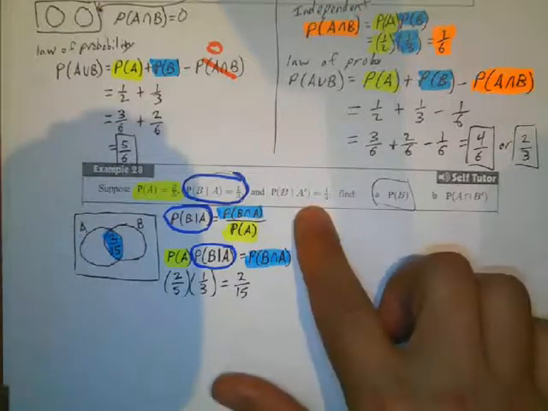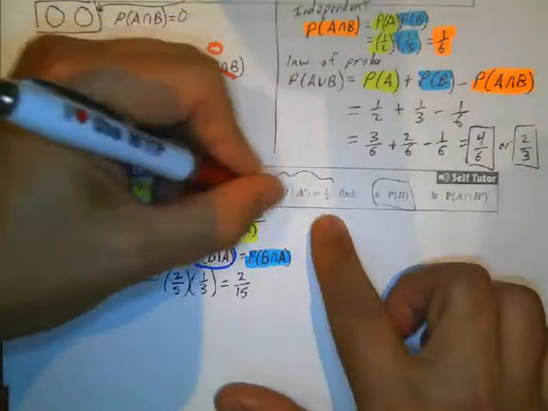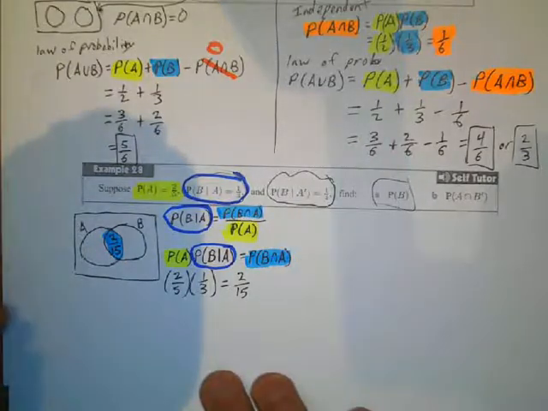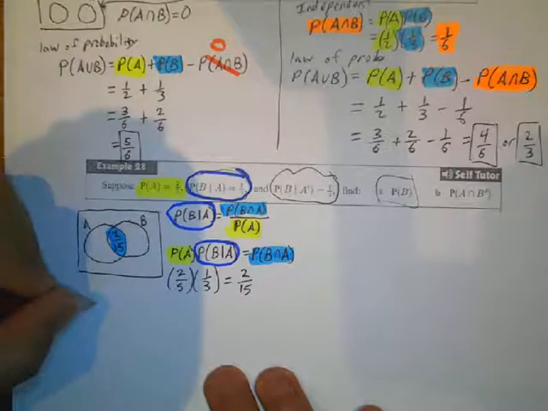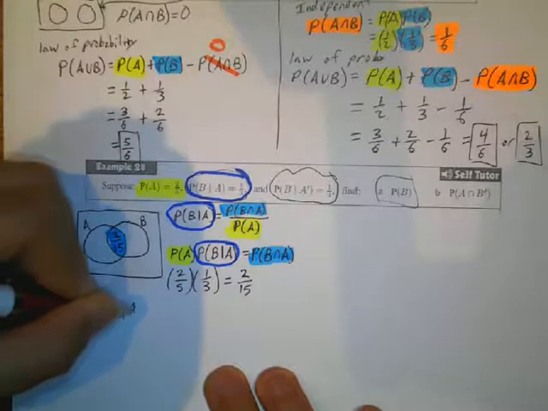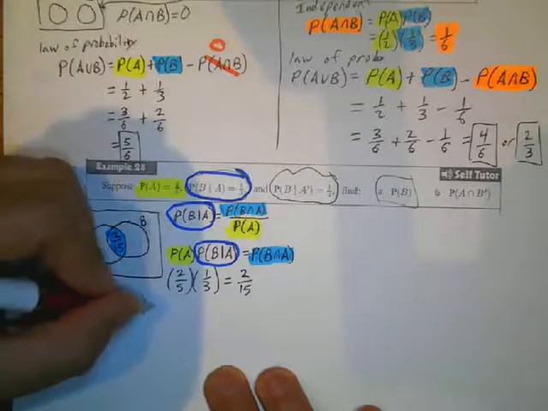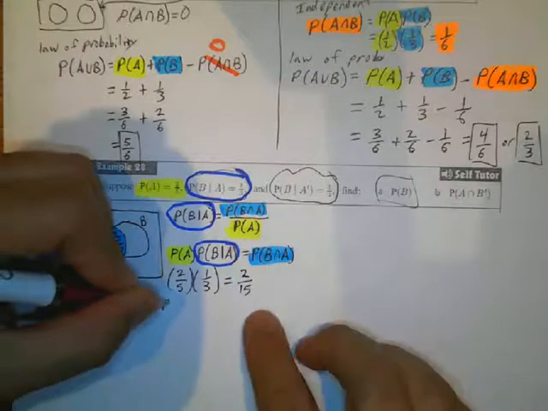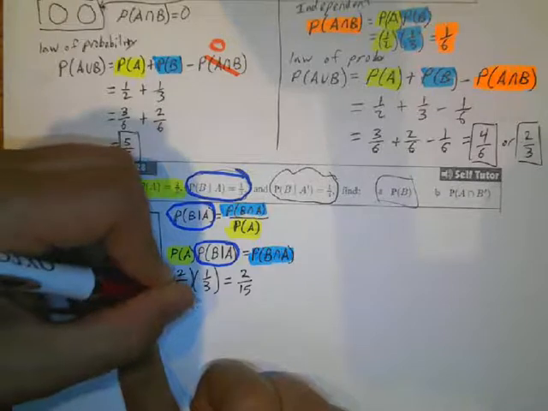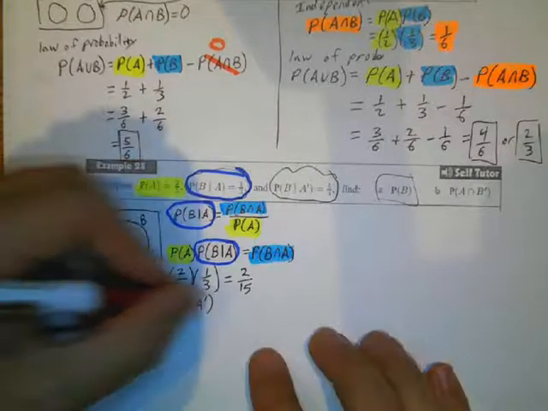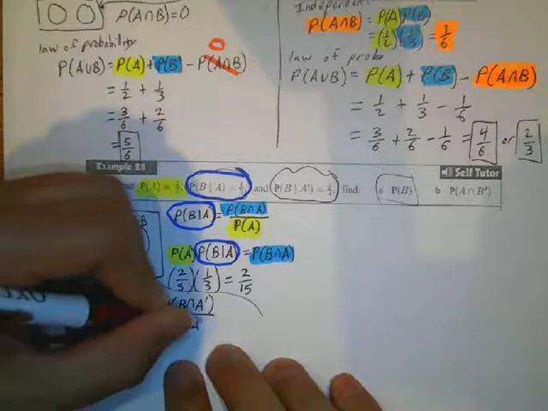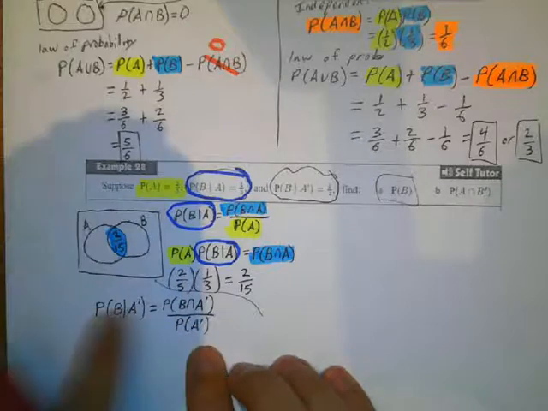And we've got this given to us, the probability of B given not A. So the probability of B given not in A is going to be equal to the intersection of B and not in A divided by the probability of not in A. Now you might be wondering, why am I using this?